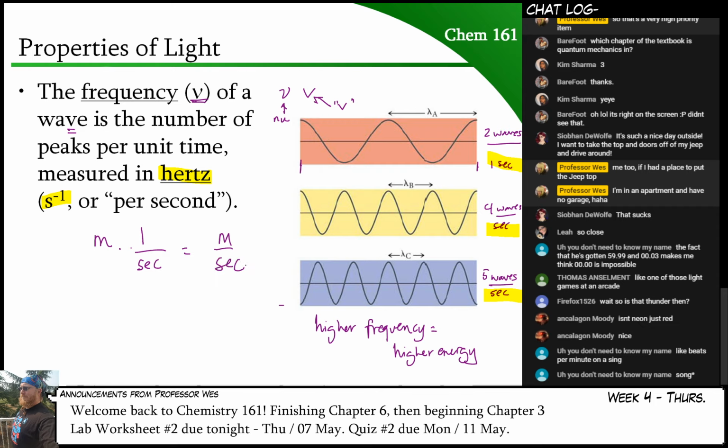So, from this information, if I take lambda, which is the wavelength, and I multiply it by nu, which is its frequency, and I got a velocity, what velocity might that be for light? Well, there's only one velocity we've talked about so far. And so it turns out that the speed of light is simply the product of its wavelength and its frequency.